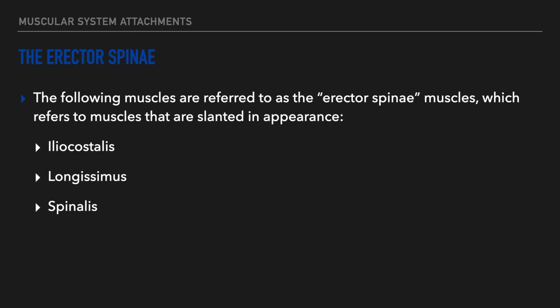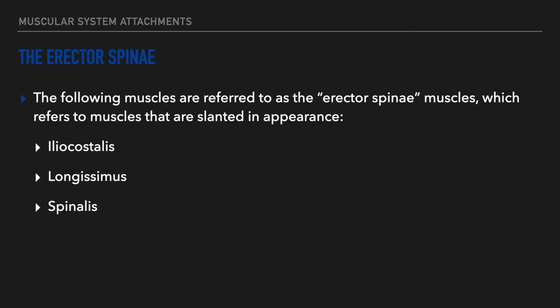The next pairing of muscles that we'll investigate are the Erector Spinae muscles. And as you may already be thinking, based on the name of this muscle group, these muscles keep the spine erect and help individuals maintain an appropriate posture. With this group of muscles, we have the Iliocostalis, which in and of itself is a group of muscles.